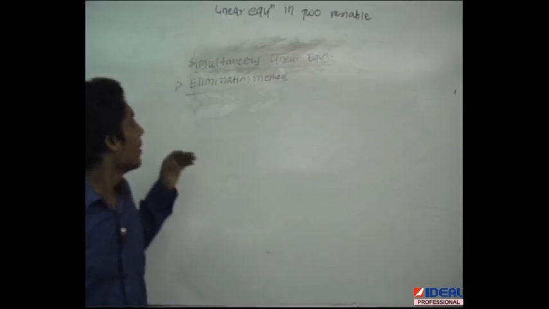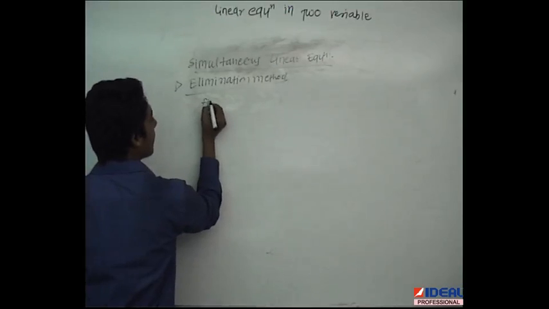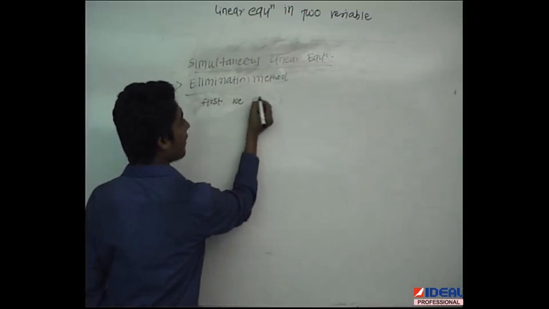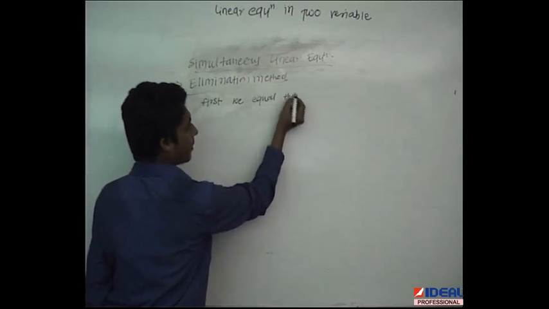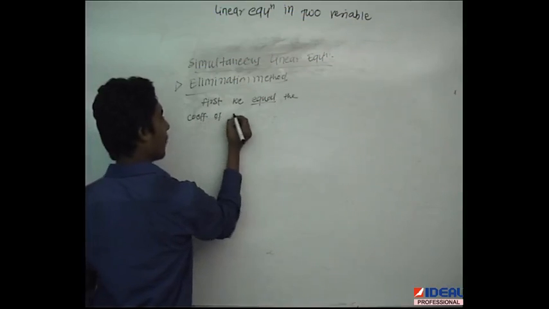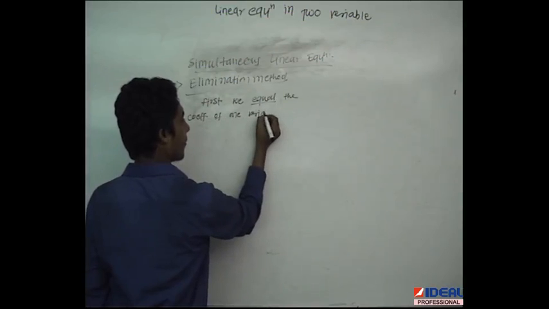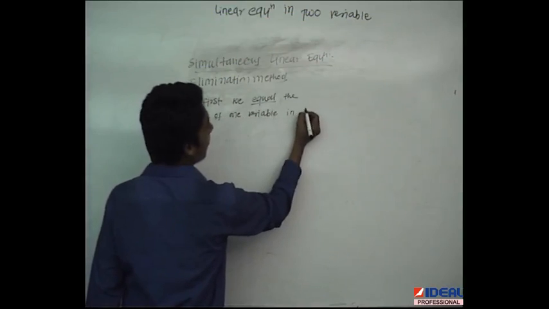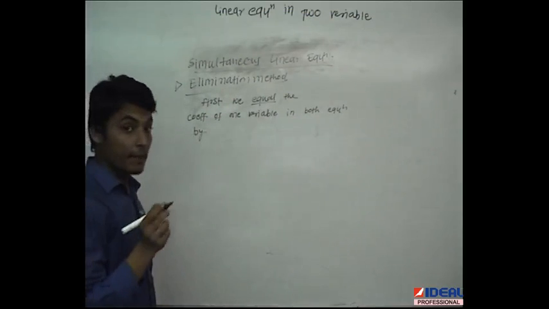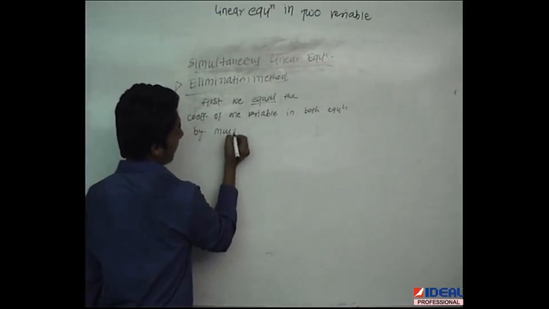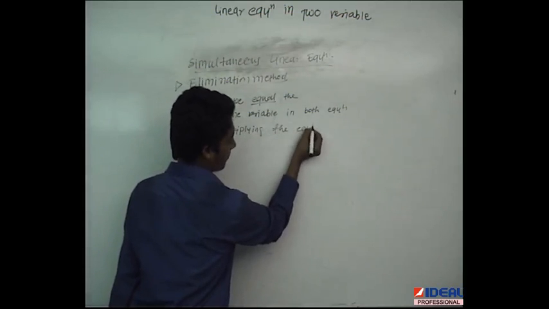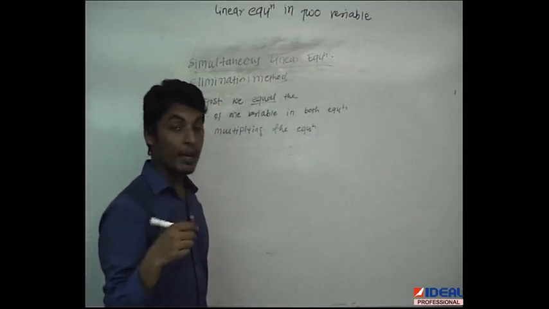Okay, so it means in the elimination method, first we equalize the coefficient of one variable in both equations by multiplying the equation with a suitable constant.